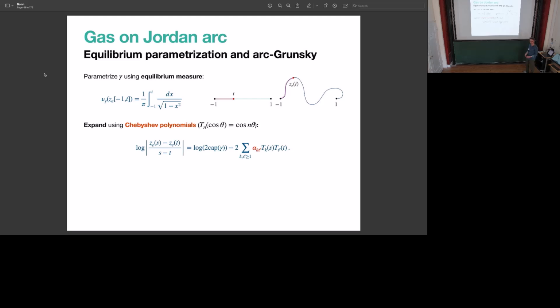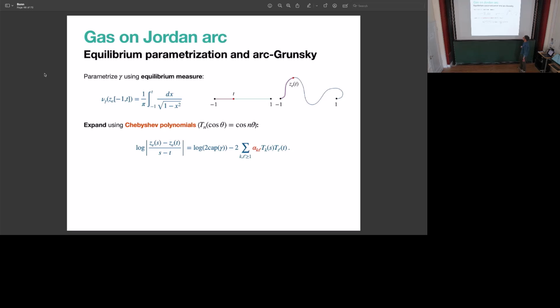There's no additional information in computing the imaginary part, which is a difference from the other problem. So you make an expansion of this. Here you shouldn't expand in the Fourier basis anymore. You should expand in Chebyshev polynomials. These are the orthogonal polynomials for the line segment for this weight, for this harmonic measure.